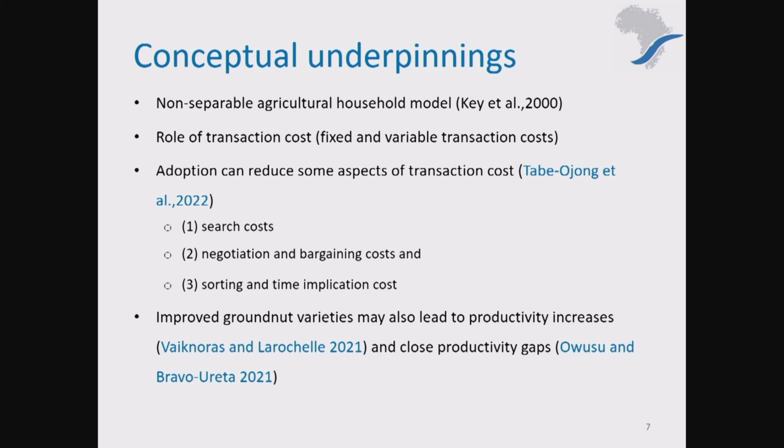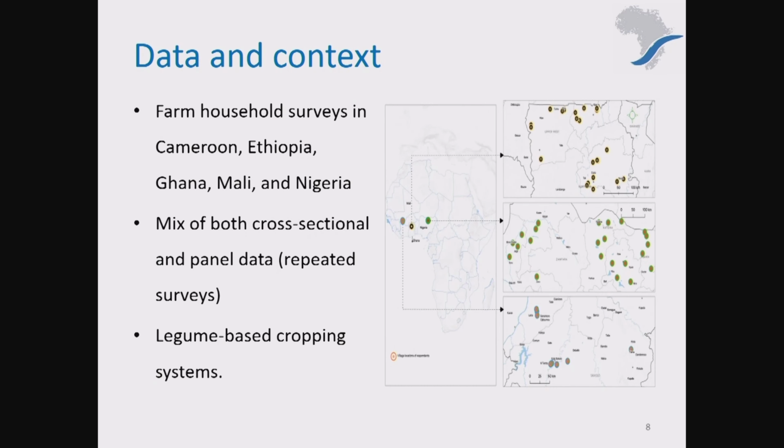But also these improved varieties could really just improve agricultural productivity directly and reduce gender gaps, given that the cultivation of some of these crops, especially beans and groundnut, have been described as women-sensitive crops.